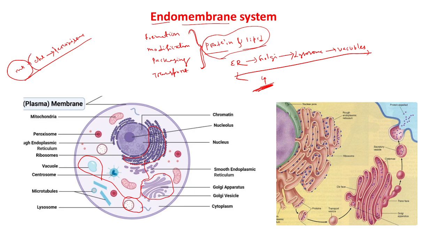That means they have their own functions. For example, the mitochondria have their own function, so they are not included in the endomembrane system. So the endomembrane system includes the endoplasmic reticulum, Golgi, lysosome, and the vacuoles.